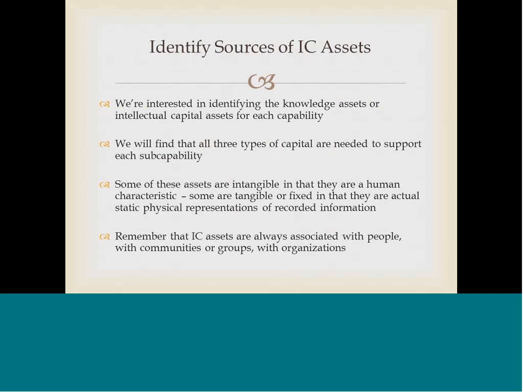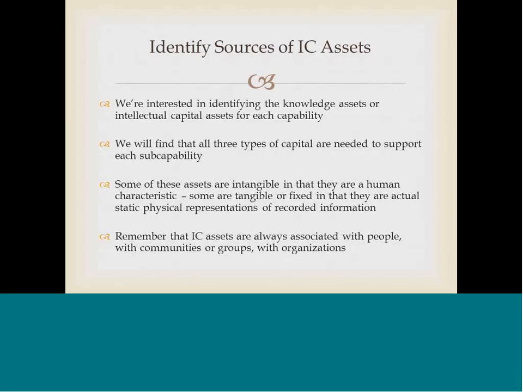So we're interested in identifying the specific knowledge assets or intellectual capital assets for each capability and in each category. We will find that all 3 types of capital mentioned by Andreessen are needed to support those sub-capabilities to really achieve the business goal. Some of these assets are intangible in that they are human characteristics.